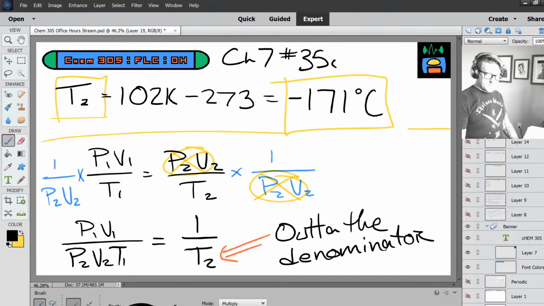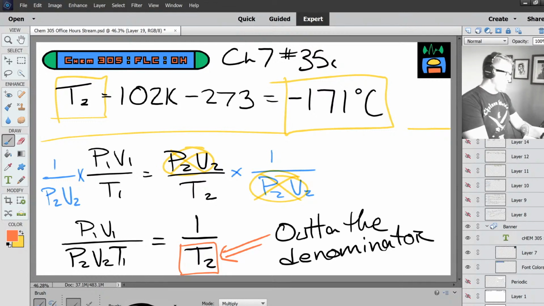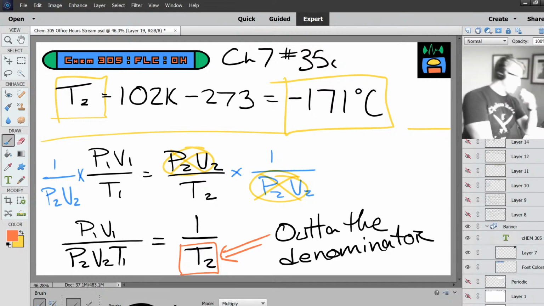So it's important to remember that you can never leave the variable you're solving for in the denominator. It has to be isolated on one side and in the numerator. So you could do that as your first step, but you still have more algebra ahead.